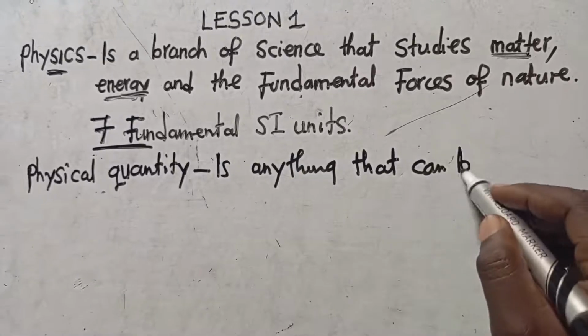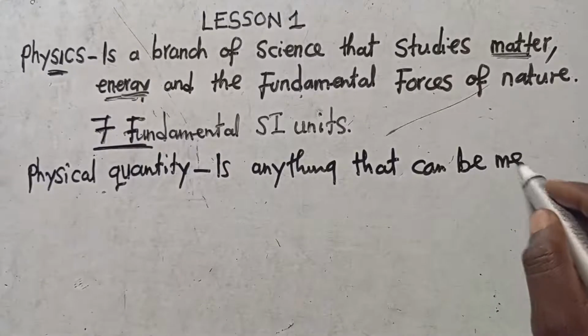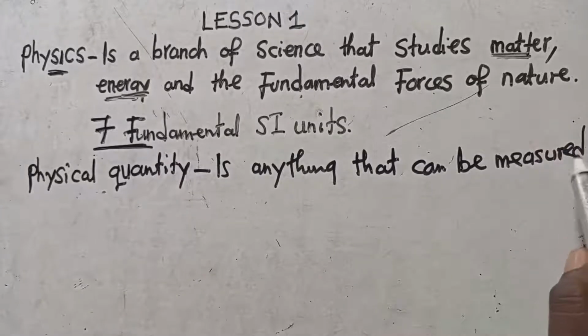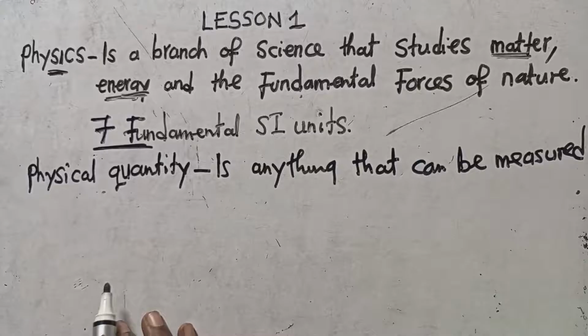Anything that can be measured is called a physical quantity. If I ask you what a physical quantity is, you need to tell me that a physical quantity is anything that can be measured.